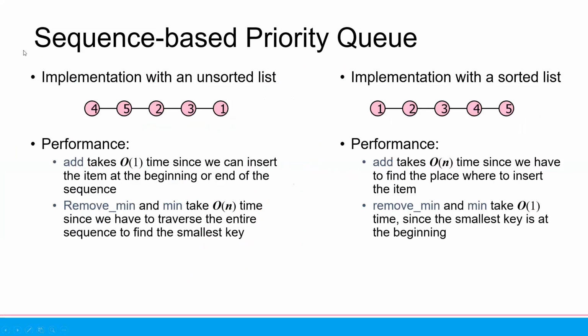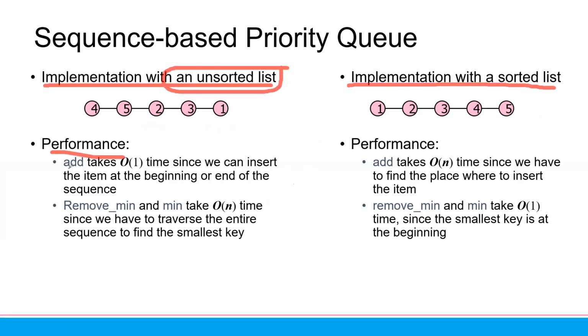So there are some ways to do this kind of storing. The first implementation is with an unsorted list, and the other is with a sorted list. By unsorted list, we can just add the element. Let's say now the key is 4.